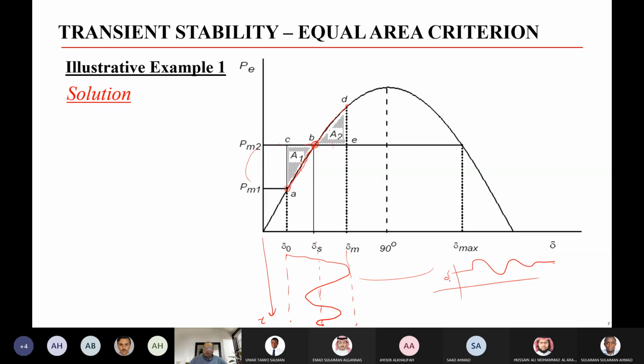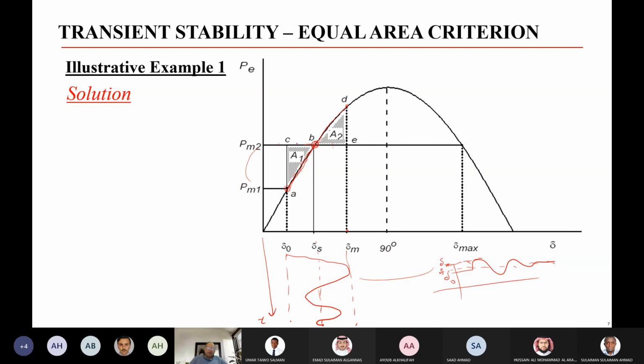This is delta 0, this is delta M, the maximum angle, and this is delta S, steady state. So this is the scenario.